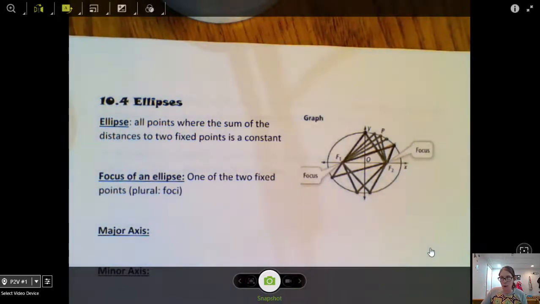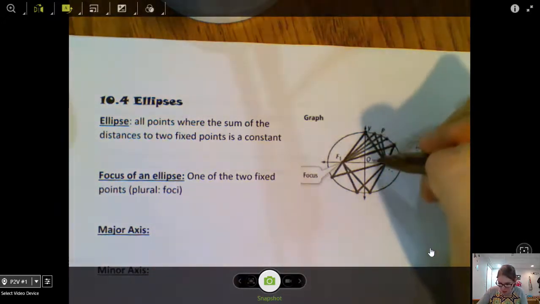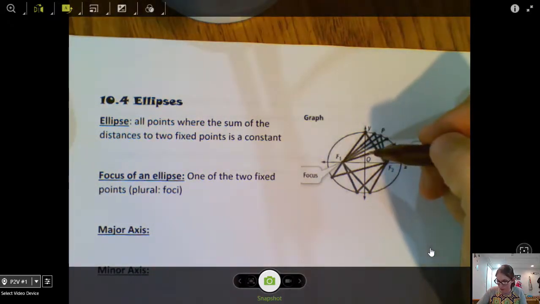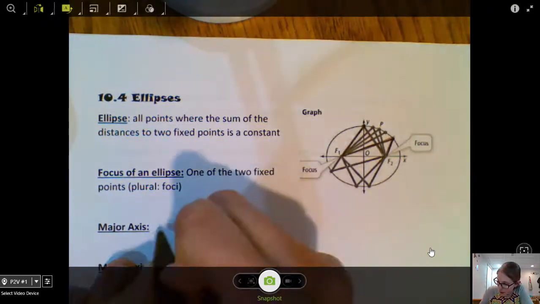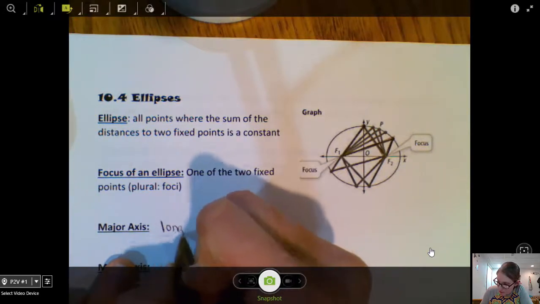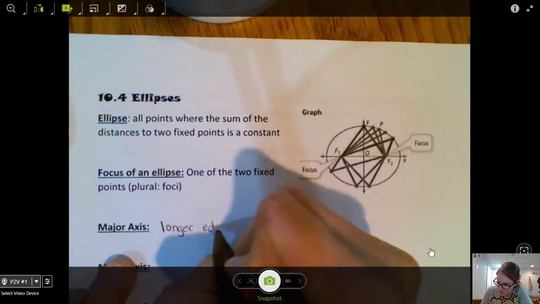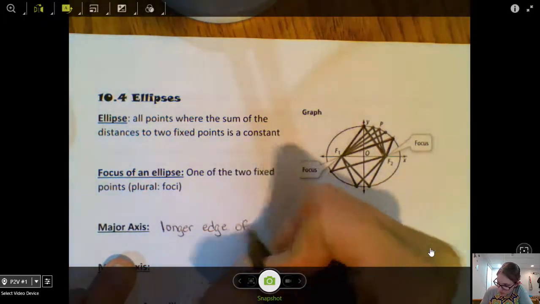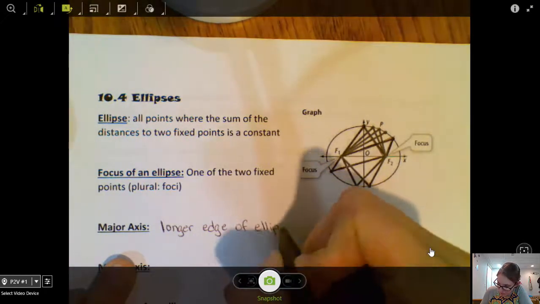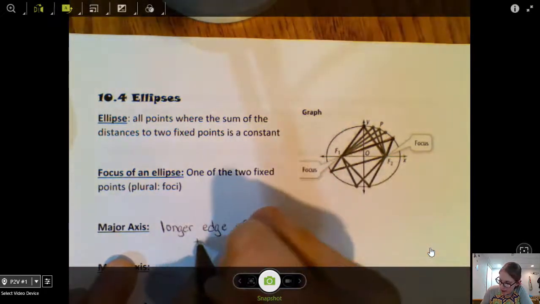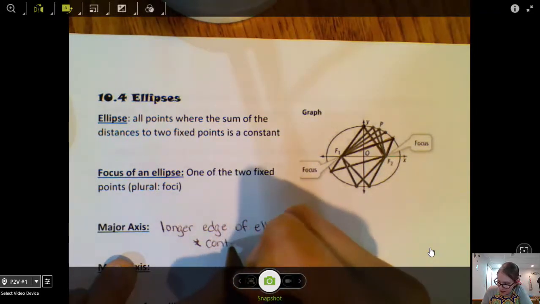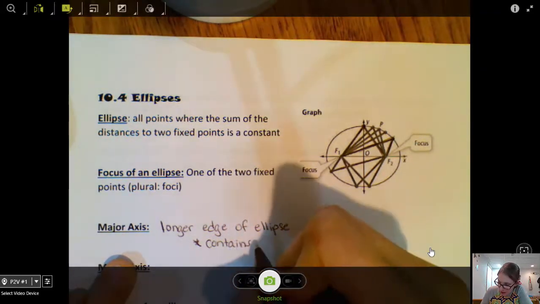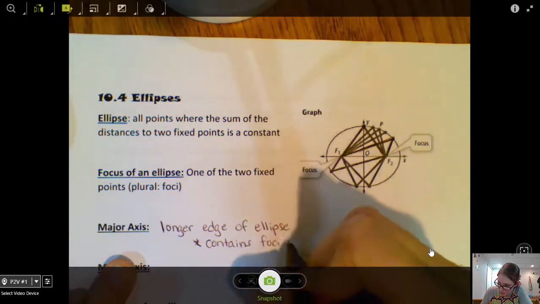All right, so some other vocabulary to go along with our ellipse, and I'm going to use this diagram here quite a bit. Okay. The major axis, my next vocab word, is the longer edge of an ellipse. And that major axis, our longer edge, is the axis that's going to contain our foci.